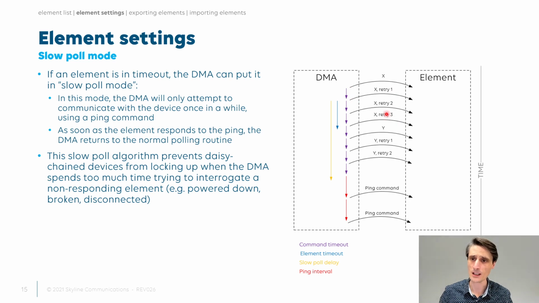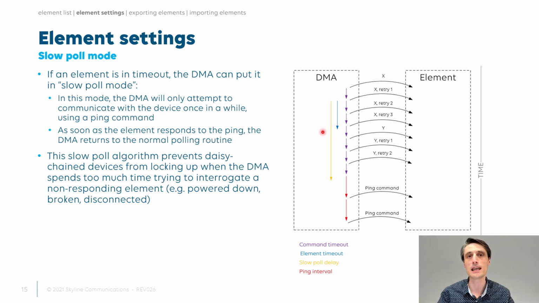Now, if the element stays in this timeout situation for a longer period of time, like the blue arrow, let's say 30 seconds, then after 30 seconds we generate in DataMiner a timeout alarm.